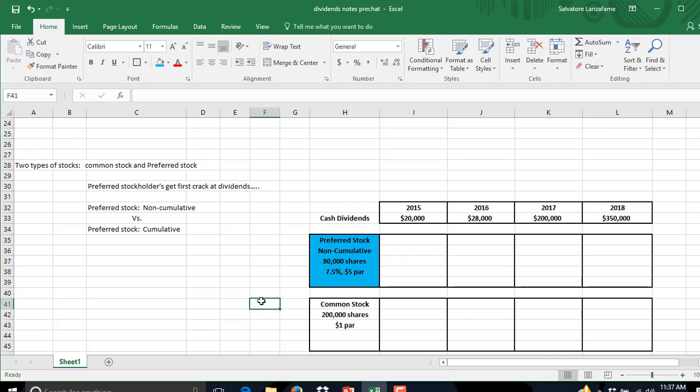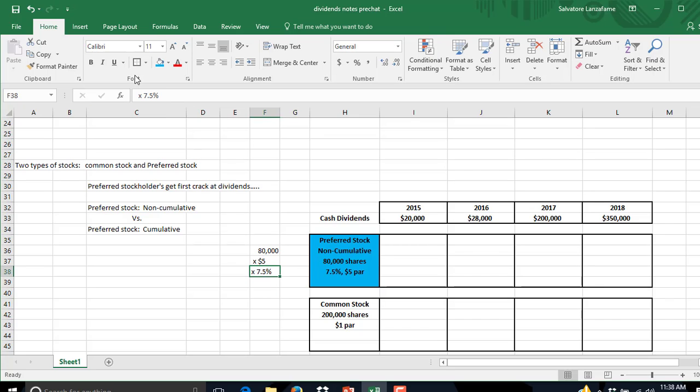In order to calculate how much preferred stockholders are entitled to, I literally have to multiply these three numbers. So I'm going to go 80,000 and I'm going to multiply that by 5 first. Doesn't really matter. And then I'm going to multiply it by the 7.5%. Okay?